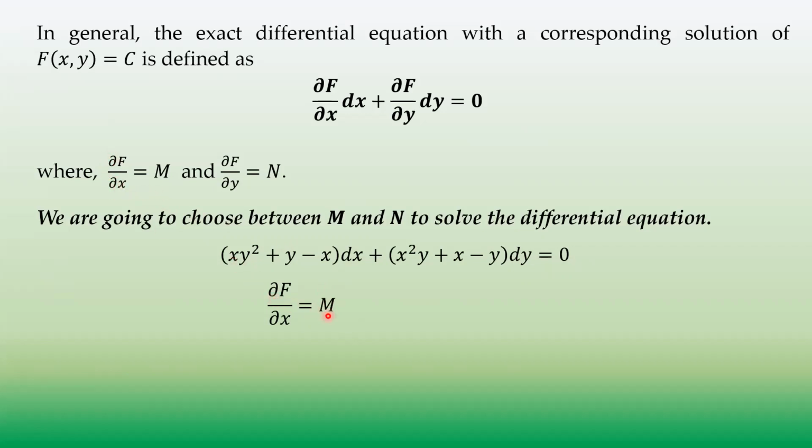But M is equal to xy squared plus y minus x. So we're going to replace M by this function. So magkakaroon tayo ng partial derivative of f with respect to x equals xy squared plus y minus x. Ito yung katumbas ng partial derivative of f with respect to x kasi siya ay equal kay M. Okay. So again, ito yung kanina, rewrite natin.